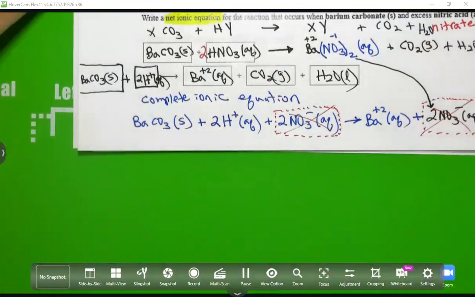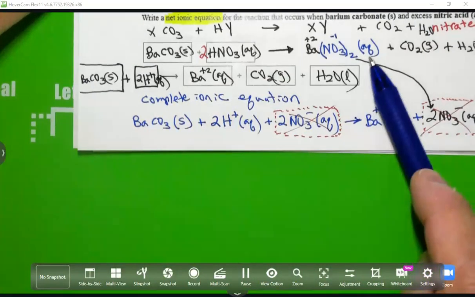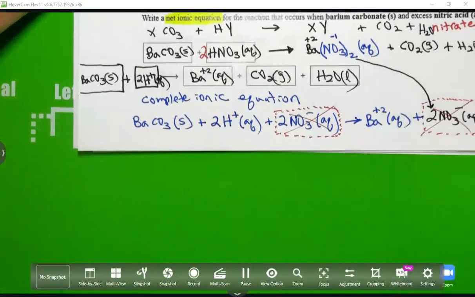That should do it. It's kind of ugly. But remember, we're only splitting up anything that's aq.